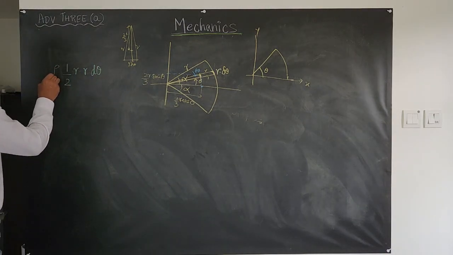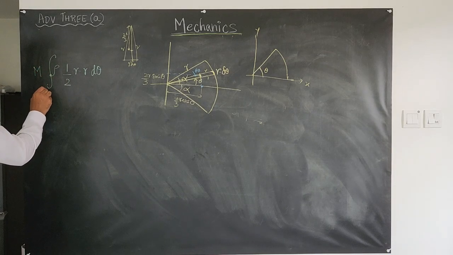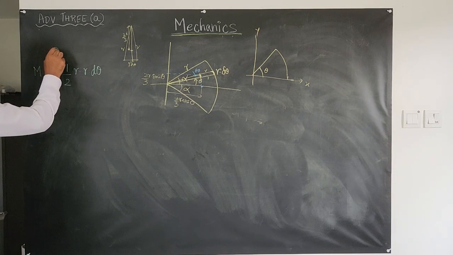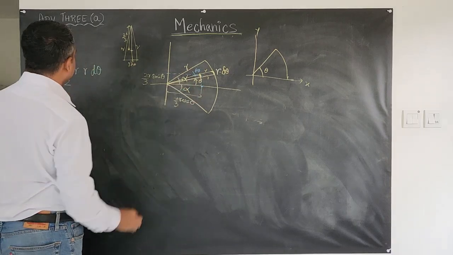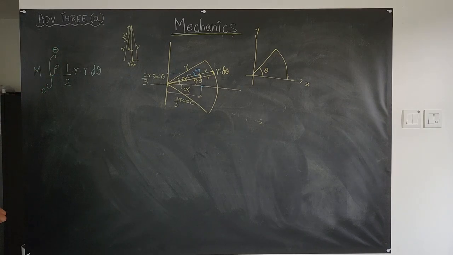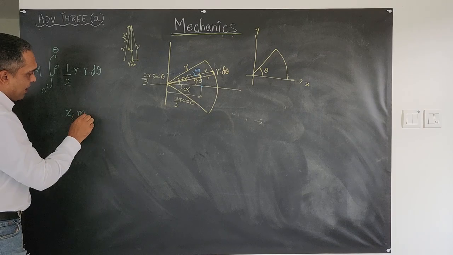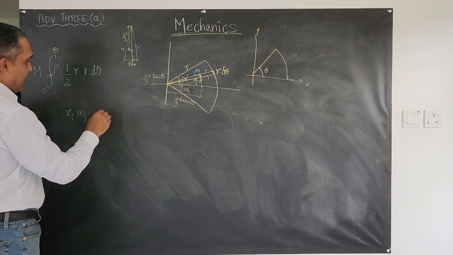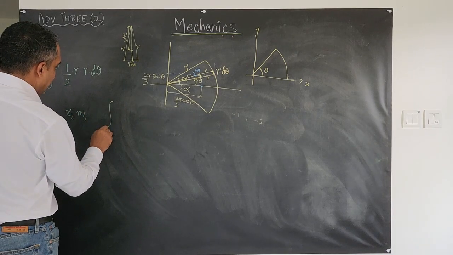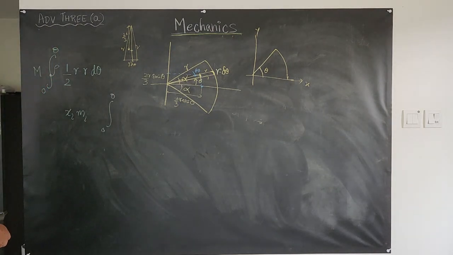If I multiply that with the rho, I have my mass function, which is basically an integral 0 to theta, because here I'm working with theta. Right, this is theta. So I have written that. If I want to do my xi mi, it's very easy. Again, I would do what? I would write my integral 0 to theta, right?